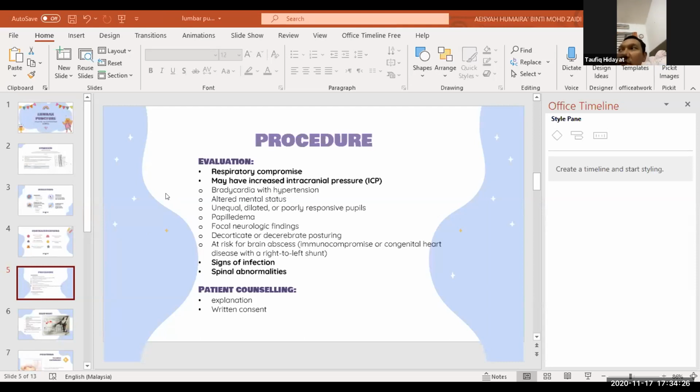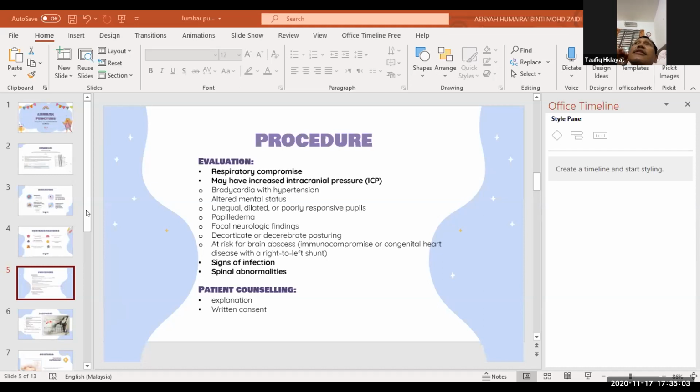So the safe and usual protocol before doing LP: when a patient indicated for LP comes to the ED, we do a CT scan first. With the CT scan we can easily evaluate.